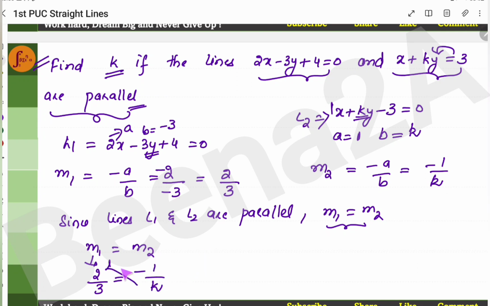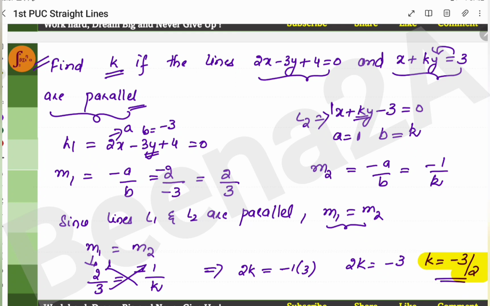Now we'll shift k on top. K is in the denominator, so when you shift, it will become 2 into k is equal to minus 1 into 3. So 2k is equal to minus 3, which means k is minus 3 by 2.